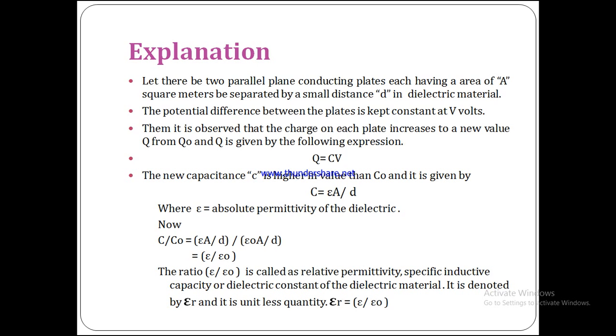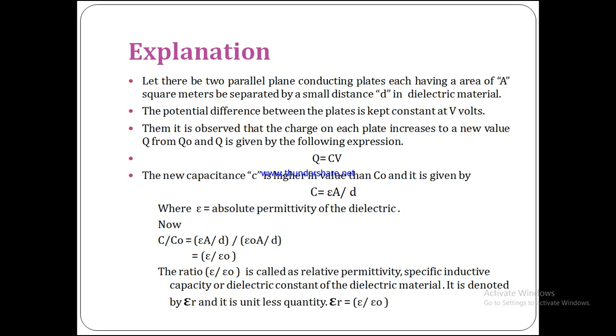and it is given by C is equal to epsilon A upon d, where epsilon is the absolute permittivity of the dielectric. Now, if we take the ratio of C upon C0, it is epsilon A upon d divided by epsilon 0 A upon d. If we solve this equation, we get C upon C0 is equal to epsilon upon epsilon 0.